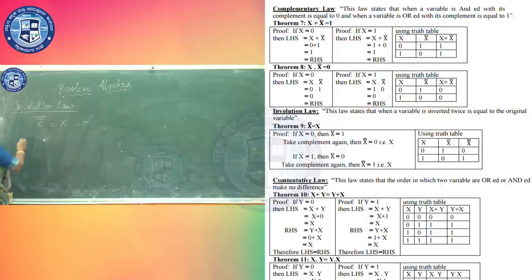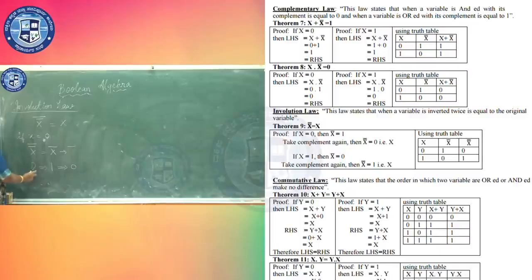So we take x equal to 0. x dash dash means x dash and again that is complemented. The x value is 0, 0 is complemented once and it becomes 1, and if it is complemented again it becomes 0.